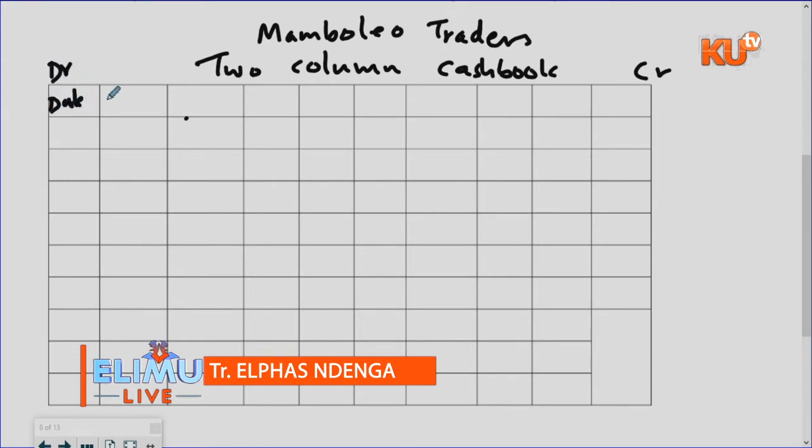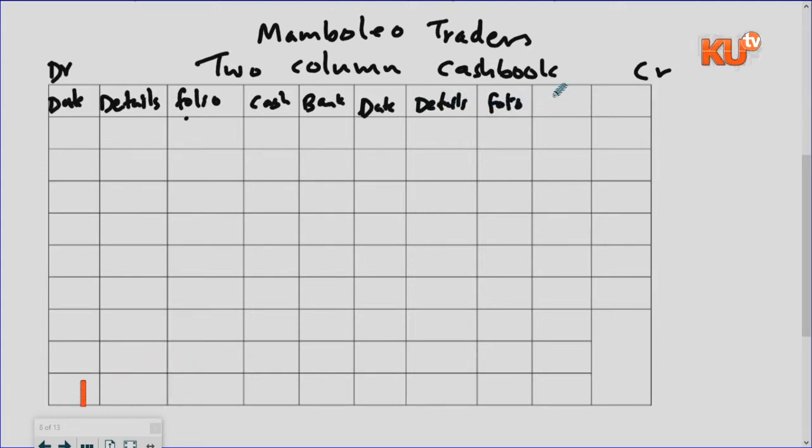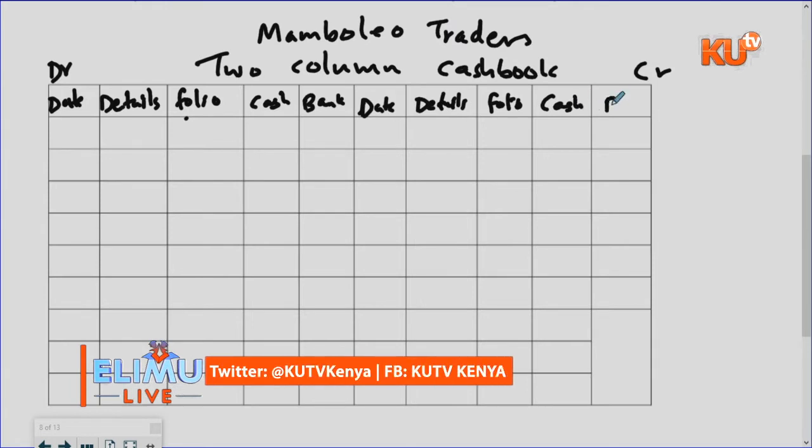Date, details, folio, cash, bank. Date, details, folio, cash, and bank. So that is what we have as our format.